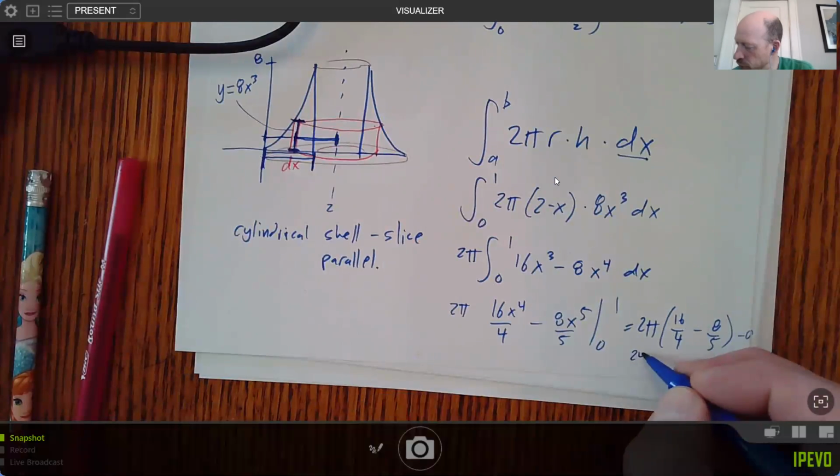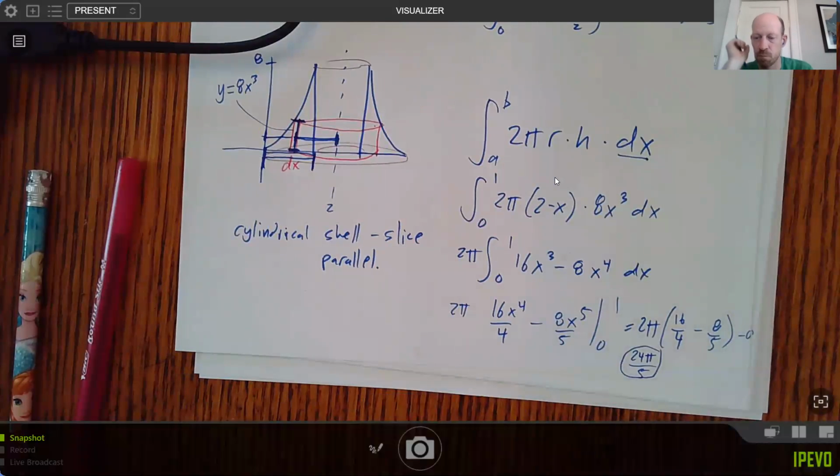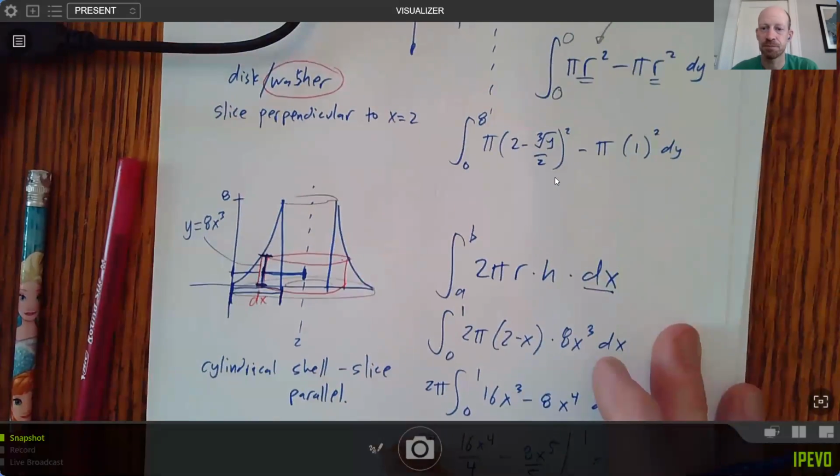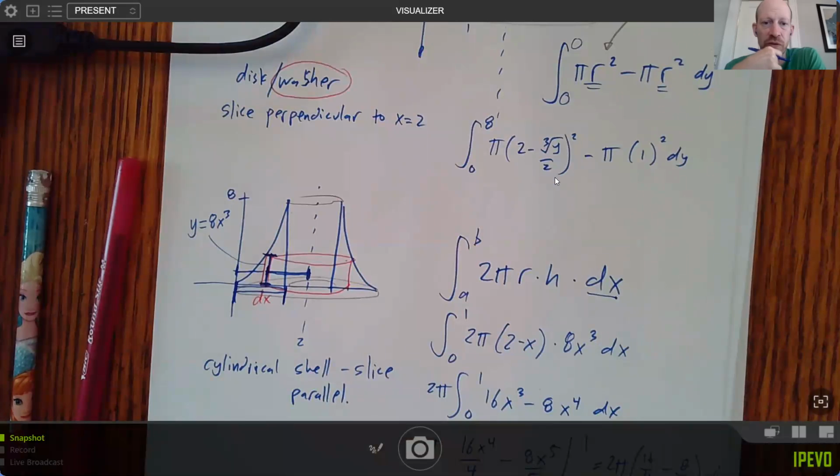That's 24 pi fifths. You would get the same value from this problem, even though it's looked at in a different way. So in this case, both of these are very possible and very doable.